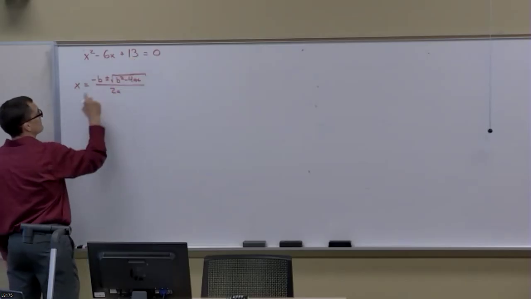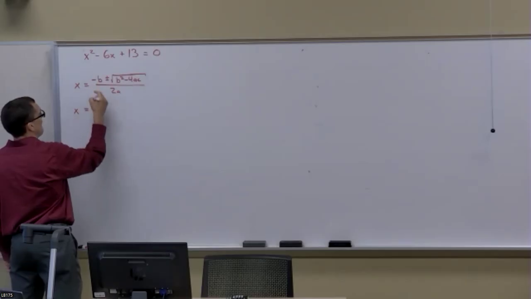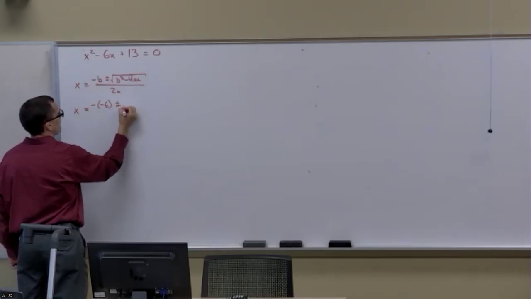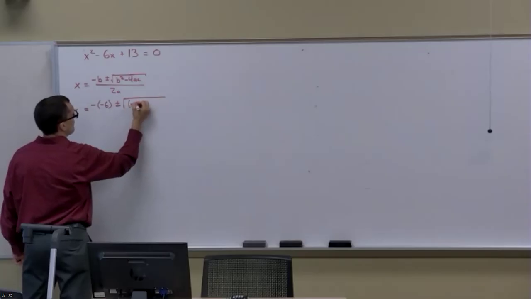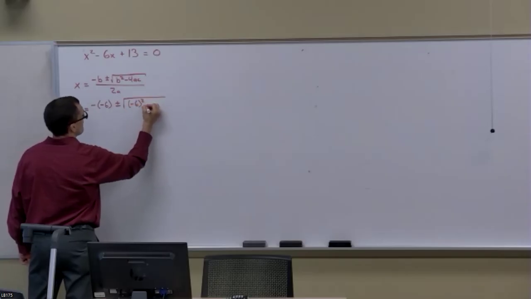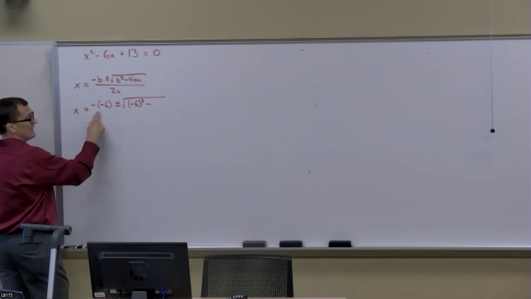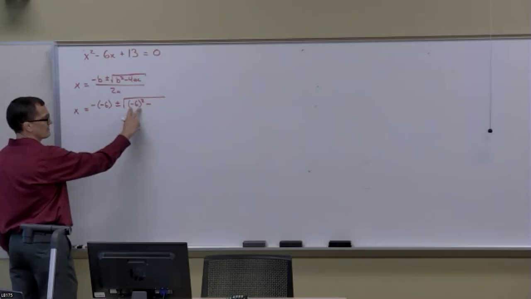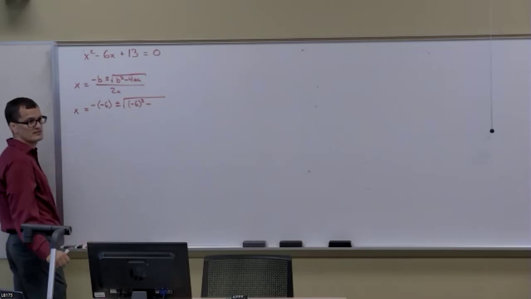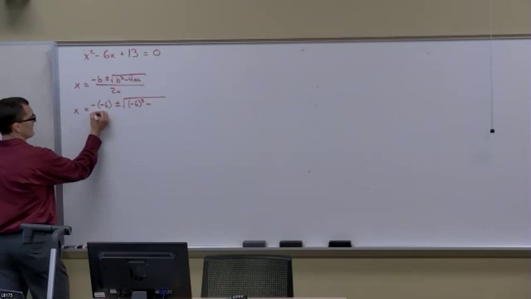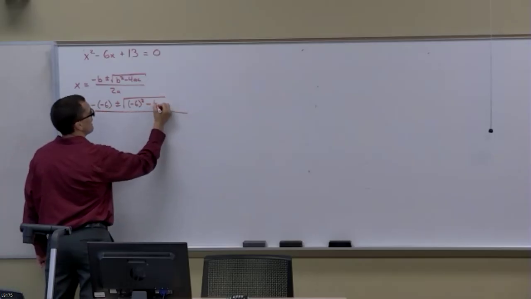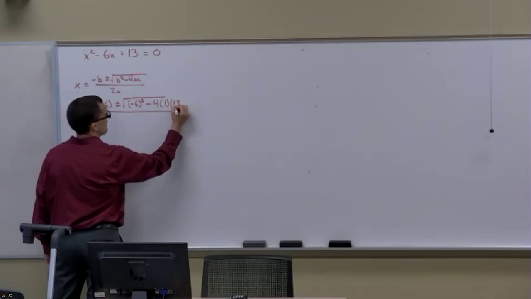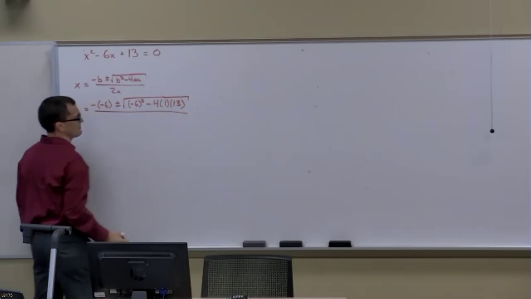So every time in this formula that I see the B, I replace it with a -6. Be careful when you do that because we're going to be taking the opposite of a negative. That's going to give me a positive. And then I'm going to take a negative squared. That's also going to give me a positive. So be careful about where you place that negative. So -4 times A times C. A is 1, C is 13.